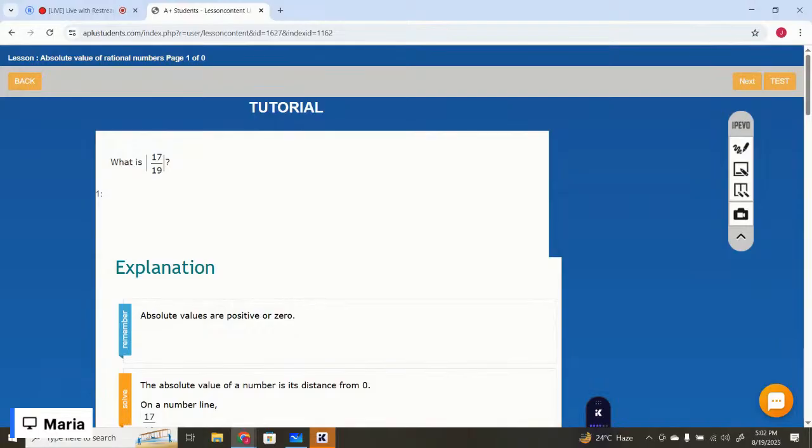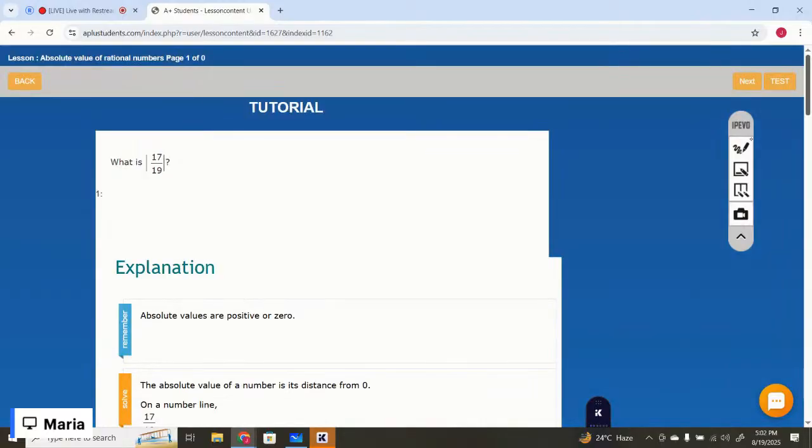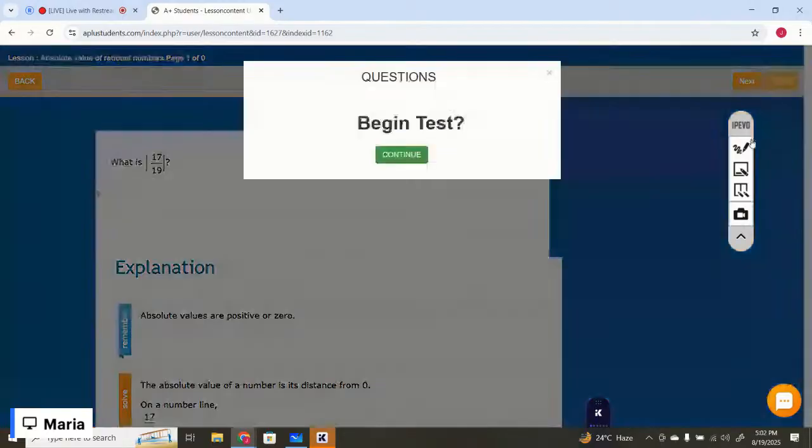So, absolute values are the positive values or zero value. 17 over 19 is already a positive value, so the correct option is 17 over 19. Let's just start with the test questions.